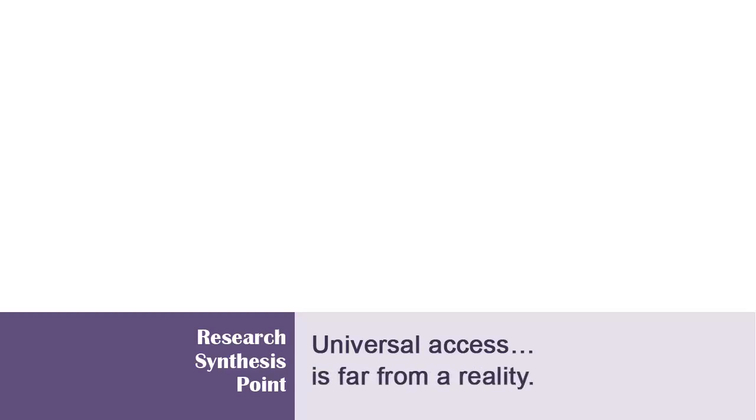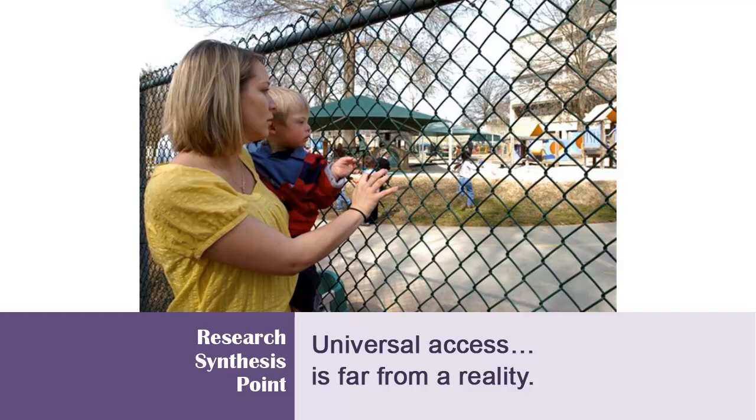First, universal access to inclusive programs for children with disabilities is far from a reality. Today in the U.S., approximately 50% of children with disabilities below the age of 5 receive special services in an inclusive setting. Some areas of the country are doing well in this regard, while others lag far behind.